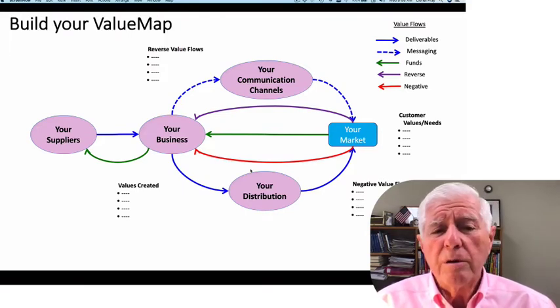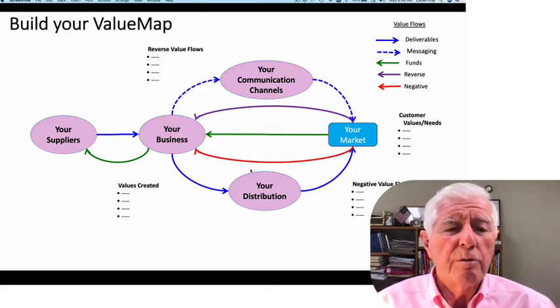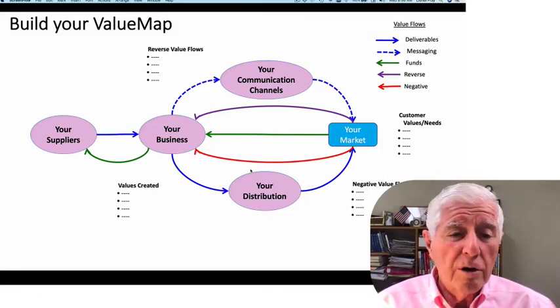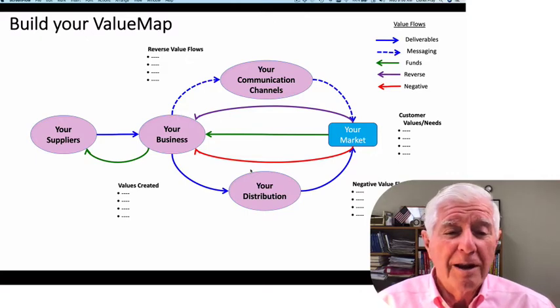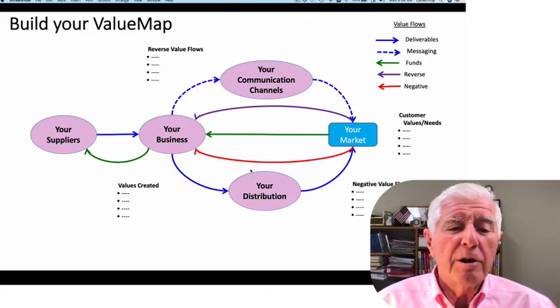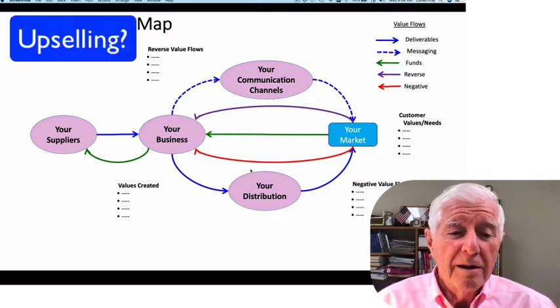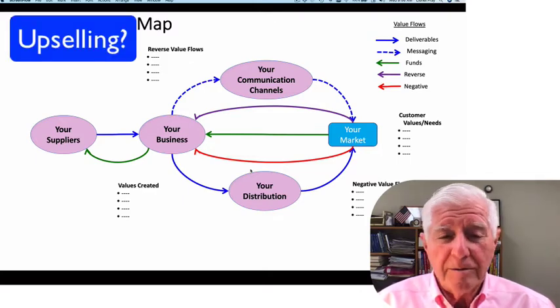Next, could you employ a modified strategy where you provide some portion of your value package at low cost or perhaps even free, so as to encourage them to make use of your entire package for more money? This is sometimes called upselling.